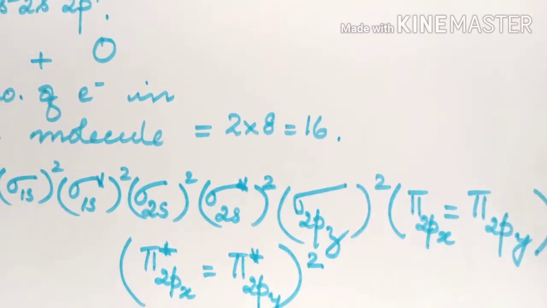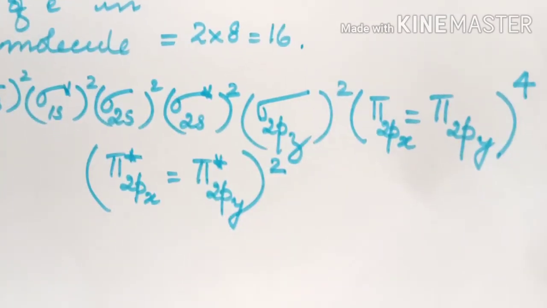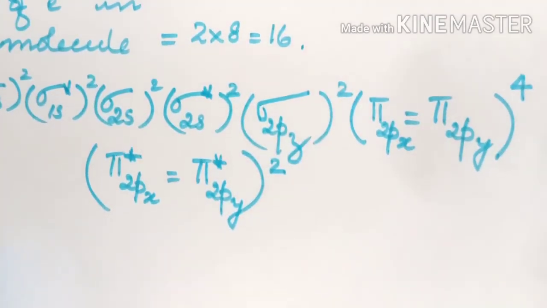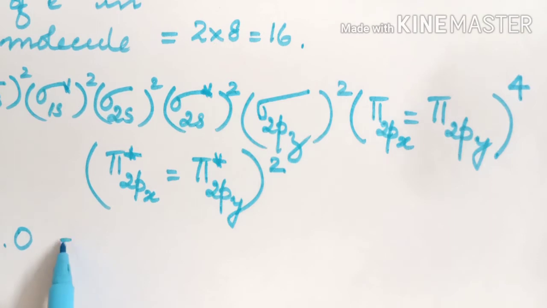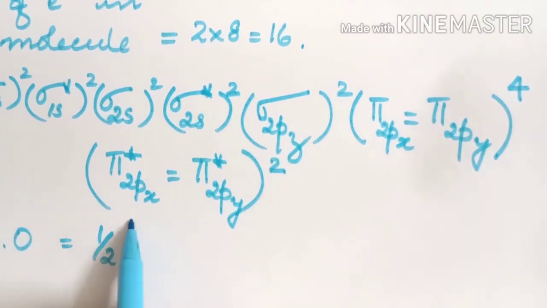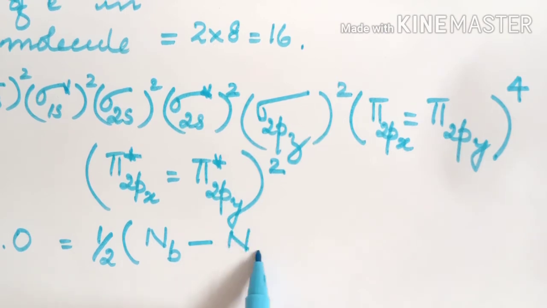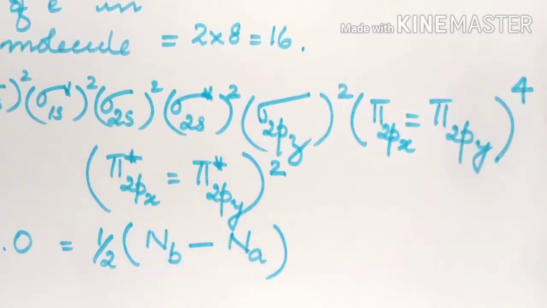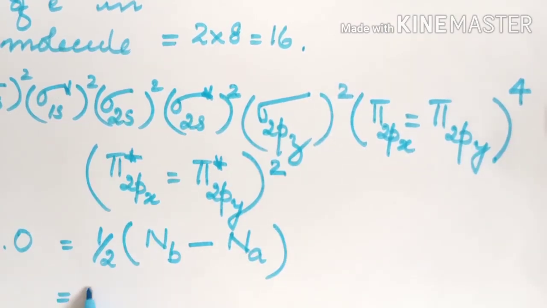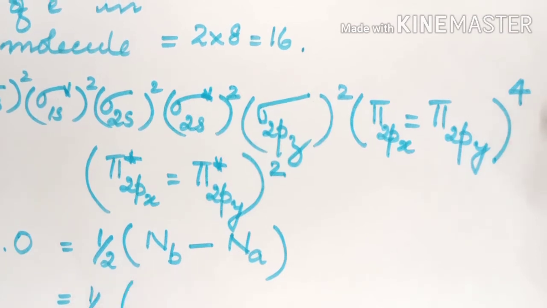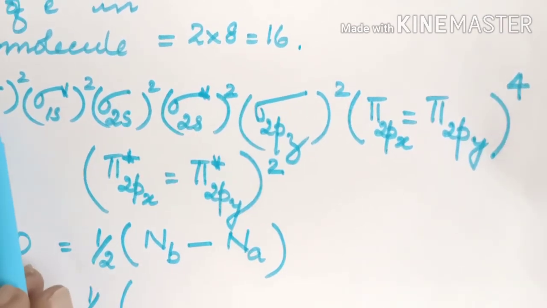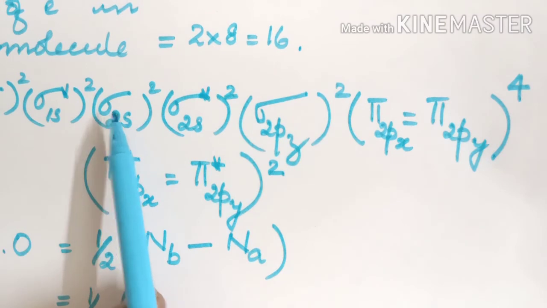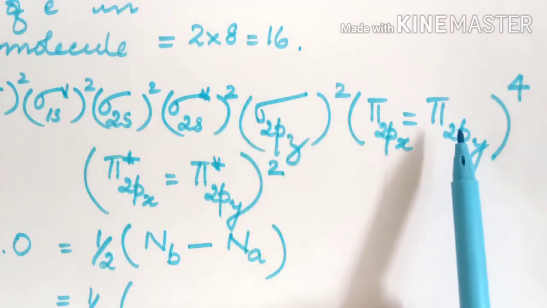Now we shall calculate what is the bond order. Bond order is calculated using the formula half of number of electrons in the bonding minus number of electrons in the antibonding molecular orbital. Now, how many electrons are present in the bonding type? Half of 1, 2, 3, 4, 5.